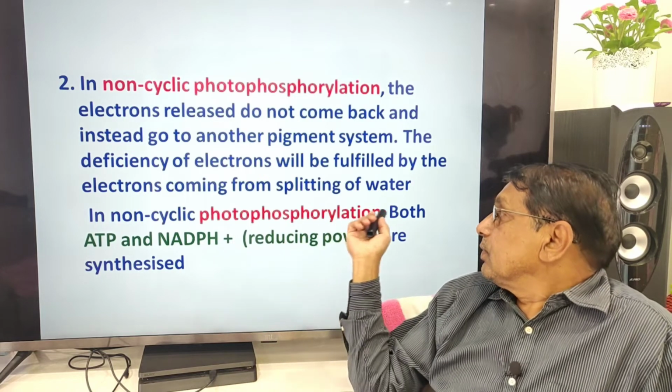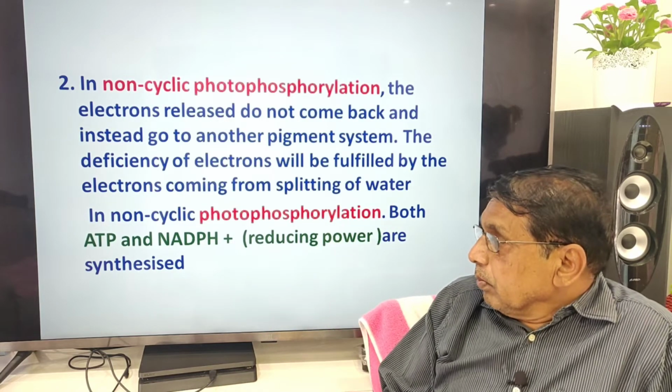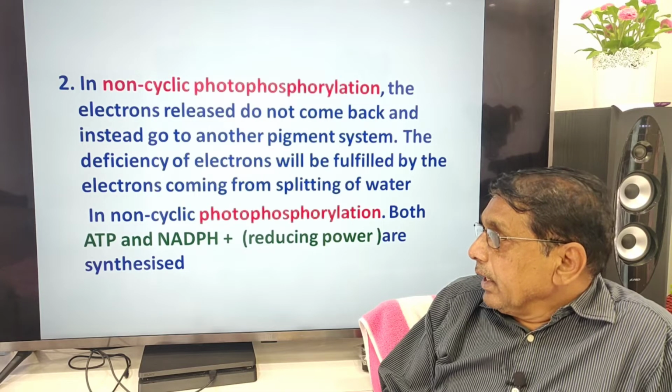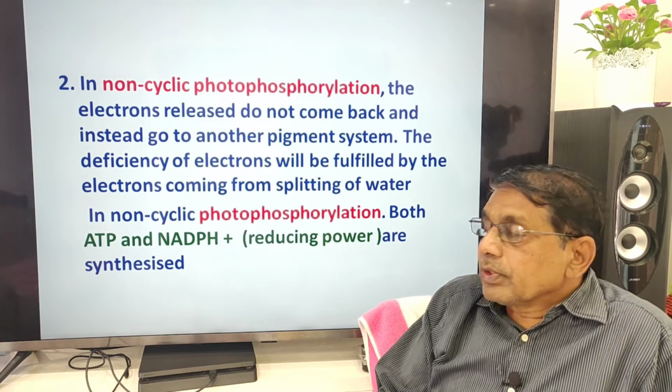In non-cyclic photophosphorylation, both ATP and NADPH are synthesized.